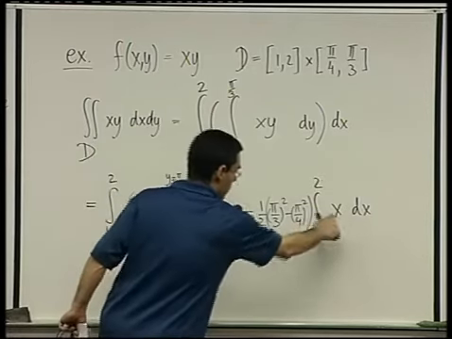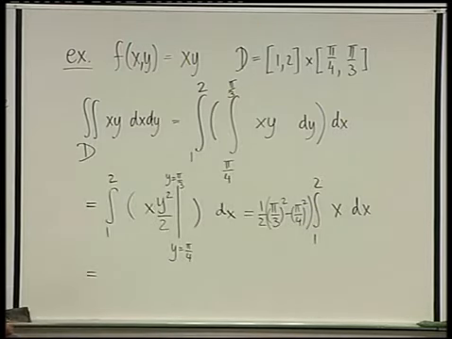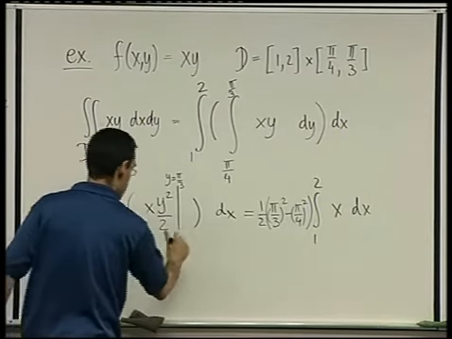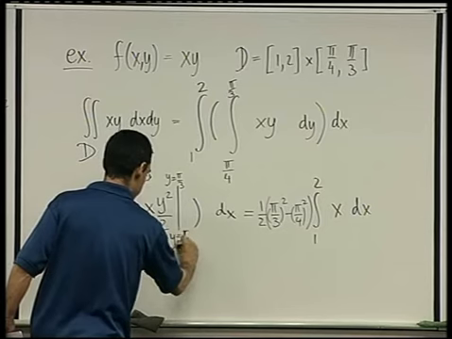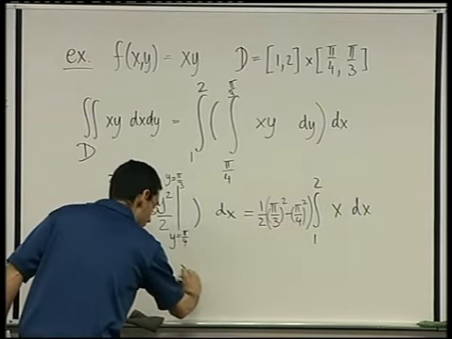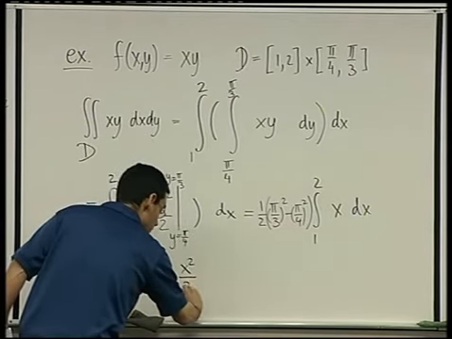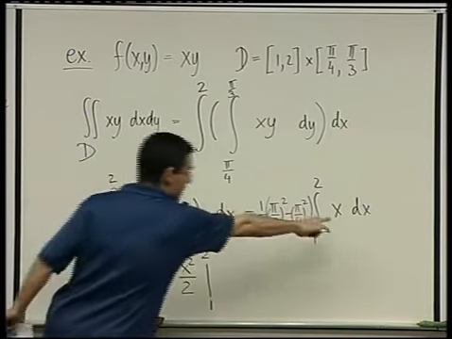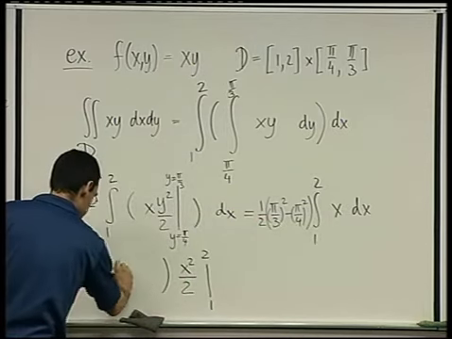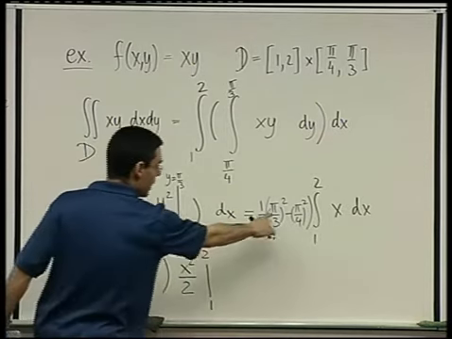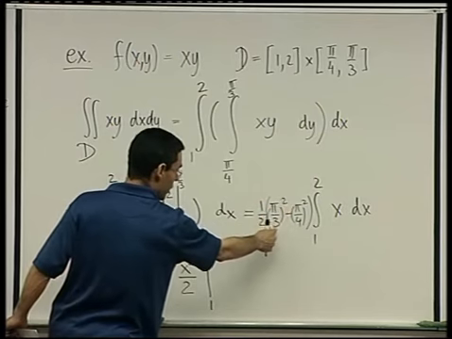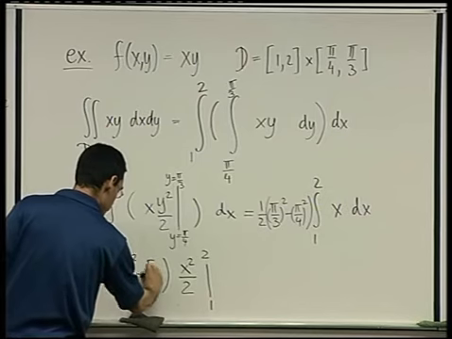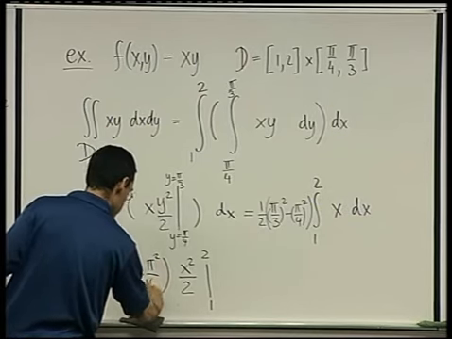What's the integral from 1 to 2 of x? Let's move this up a bit so I have room here. So I have x squared divided by 2, evaluated between 1 and 2, that's this integral, times, I have here 1/2, and I have here pi squared over 9 minus pi squared over 16.